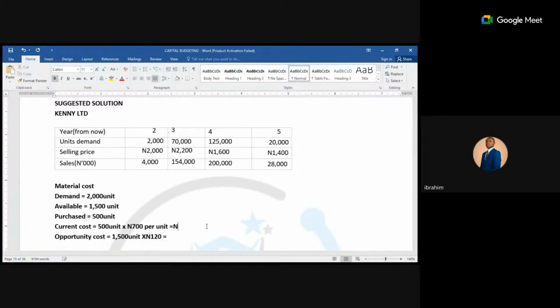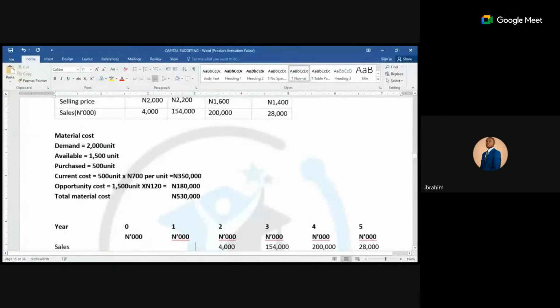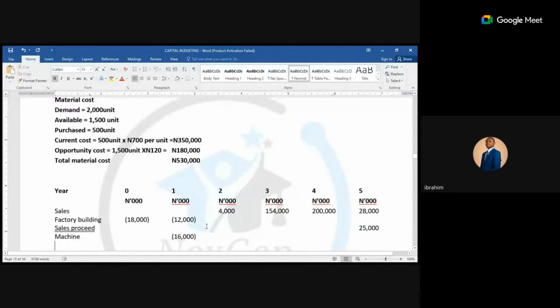What of this? 180. So what is the total material cost? 530,000. Please, who is against me in this class? Material costs.